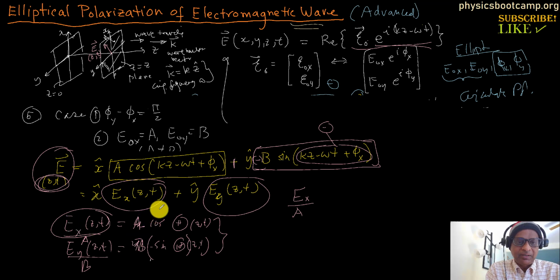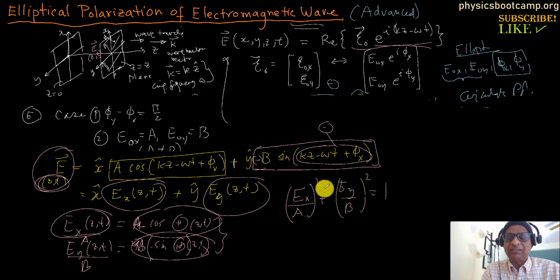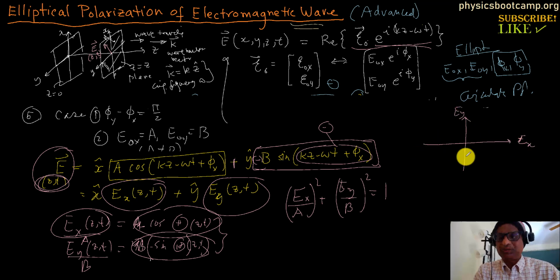Then if you square that and square that, that becomes (Ex over A) squared plus (Ey over B) squared equals 1. And this is if I look at it in the Ex, Ey space. Okay, we're not looking at x and y space, we're looking at electric field space.